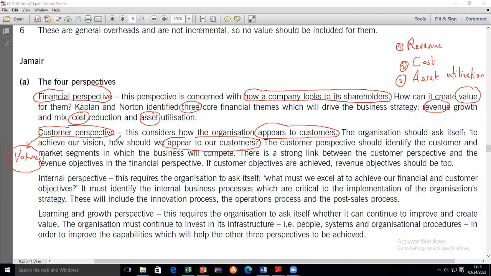So what are some of the measures? You want to look at repeat business. What proportion of the business or revenue is coming from the current or existing customers? You also want to look at the growth in revenue.